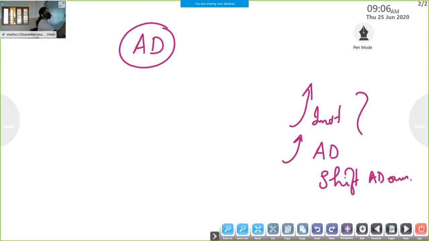This is forward multiplier because increase in investment causes increase in aggregate demand, that causes additional income. Backward multiplier also there, but for us only forward is enough. So graphical representation we can give like this.